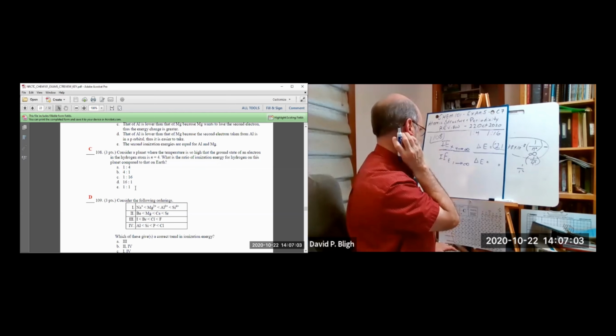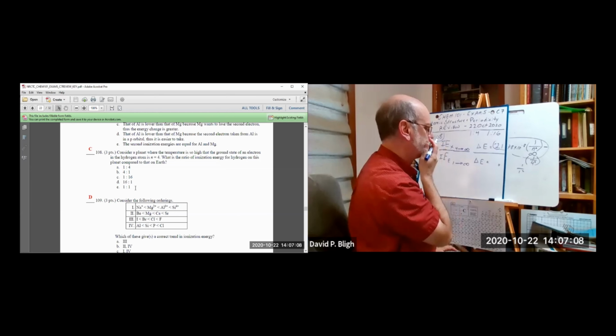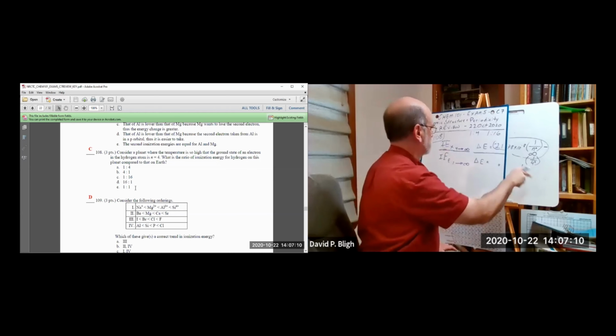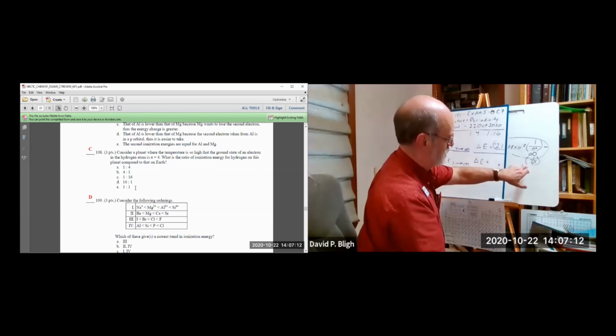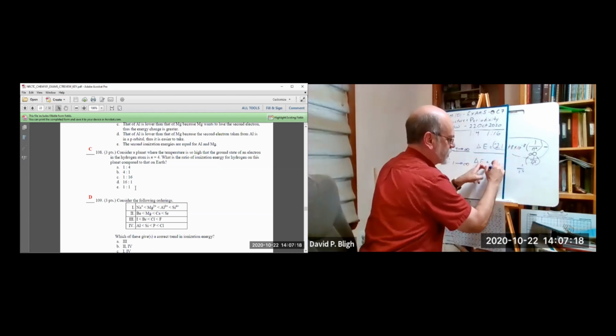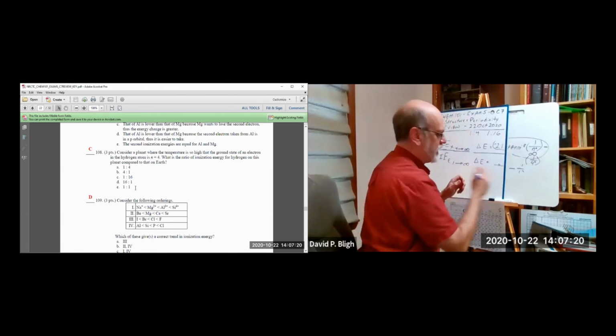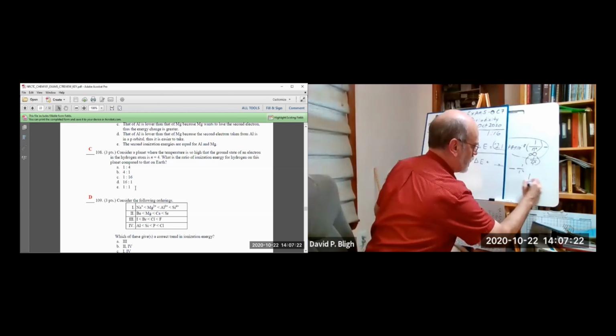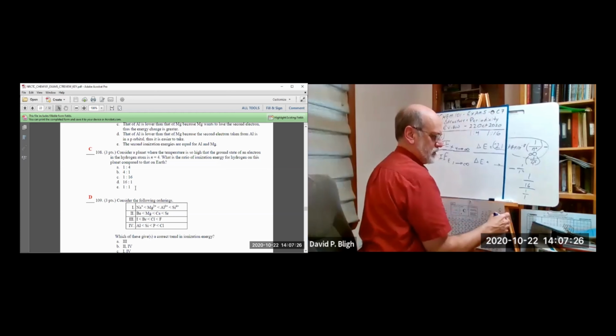You know what? Oh, yeah. This is in the denominator. So these terms cancel. And that leaves you with 1 over 16 divided by 1 over 1. Right?